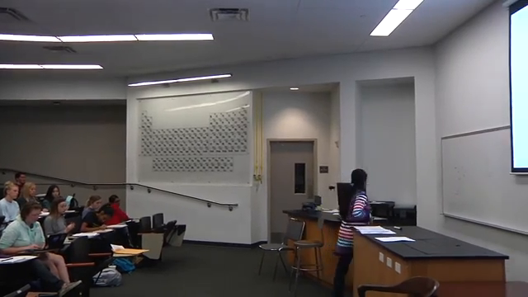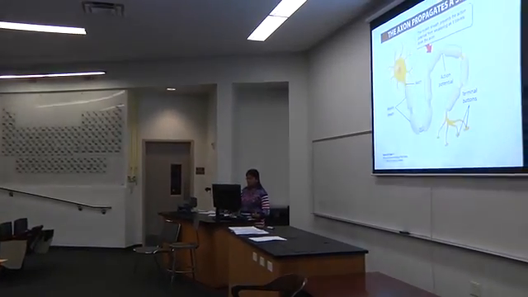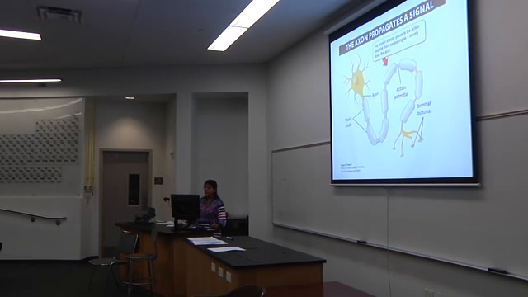Okay. So these are dendrites. This is the soma or the nucleus. This is where the axon starts, so it's also called the axon hillock. And then we have the axon over here.